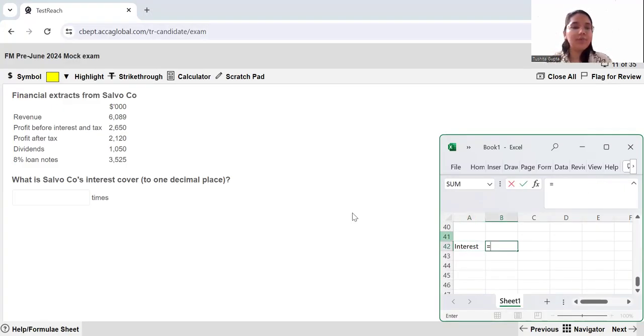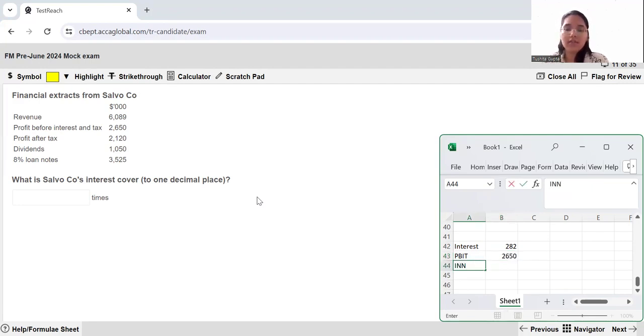Interest payment is going to be nothing but on these 8% loan notes. So 8% of 3525. So this is how you arrive at your interest, which will come out to be 282,000. Now PBIT needs to be divided by your interest. So PBIT is also given to you, which is 2650.